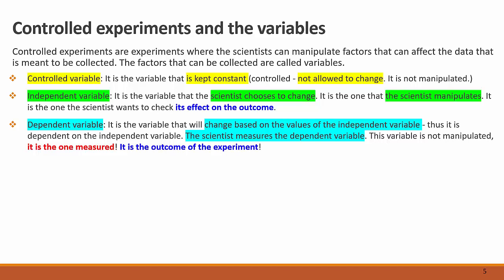So one type of variable is what we call a controlled variable. It is a variable that is kept constant, not allowed to change. It is not a variable that is manipulated. It is kept the same.